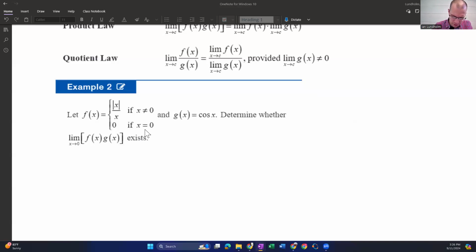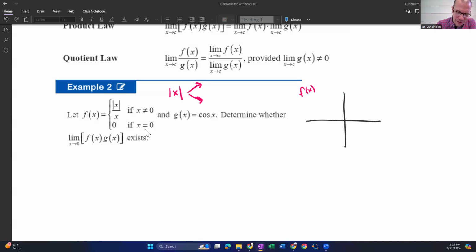Let me scroll here. All right, we're looking at f of x now, the absolute value of x over x. One way to simplify this is to look at the absolute value of x as two different functions, kind of its own piecewise function.